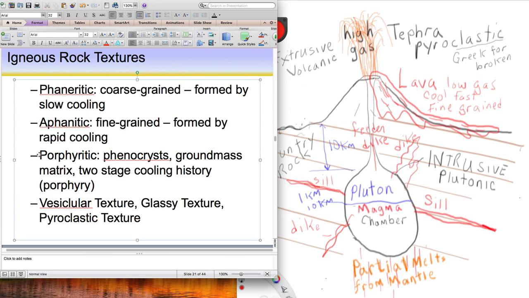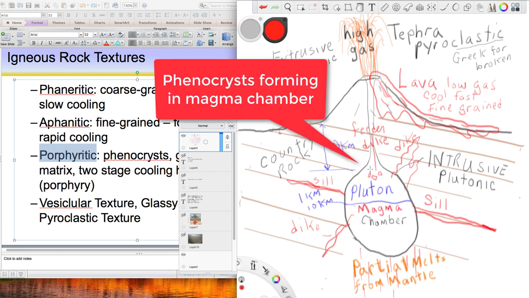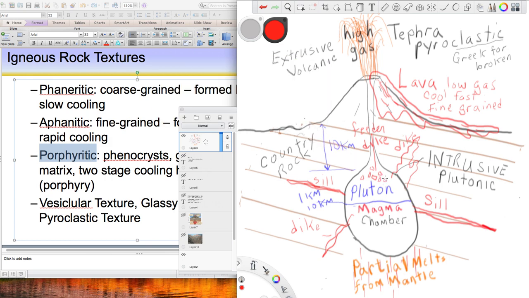And then we have another interesting texture where you can have two things going on. I usually call it a two-stage cooling history. Part of the history would be where the magma is cooling and forming minerals in the rock, so you have some crystals forming. But then maybe there was an added input of gas or new magma coming up from the mantle, and this new magma has heated up this magma chamber, added more gas, and we get eruption of this material.